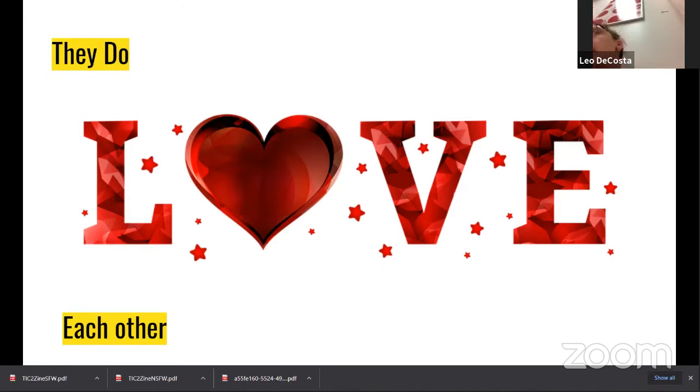So whether you interpret them as being romantically in love with each other, which is a valid interpretation, or platonically in love with each other, which is also valid, or having the form of love that the Greeks called agape, which is the love between a god and their people, or somebody and their fellow man, is also a valid interpretation. They love each other, regardless of what type of love that is.